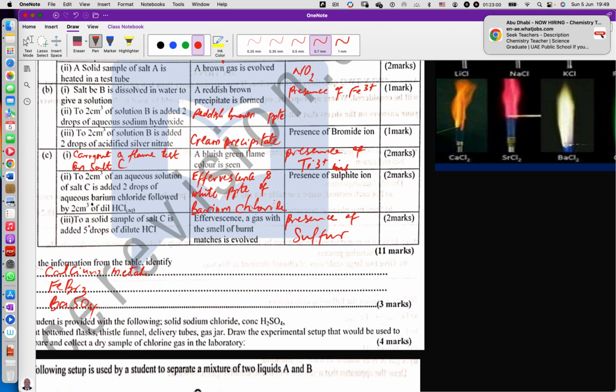Now to a solid sample of C is added 5 drops of dilute hydrochloric acid, with effervescence and a small smell of burnt match, indicating the presence of sulfur.